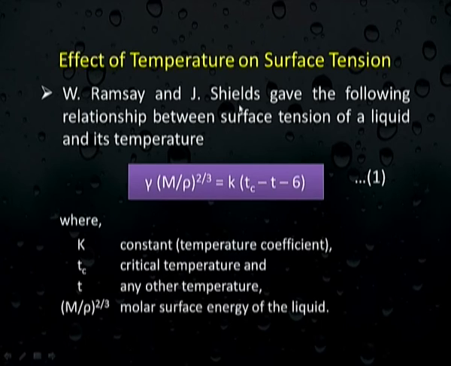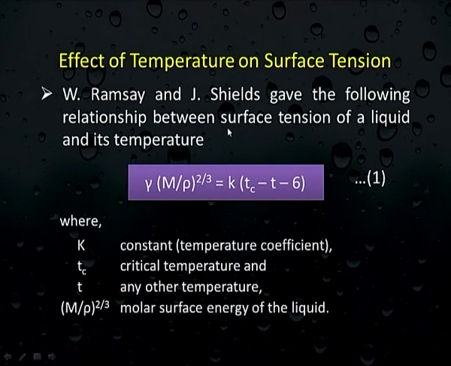Ramsay and Shields derived the following relationship to explain the effect of temperature on surface tension of any liquid. We can see this is the surface tension gamma, m upon rho to the power 2 by 3. This factor is the molar surface energy of a liquid. Then this K is the constant, which is also known as temperature coefficient.